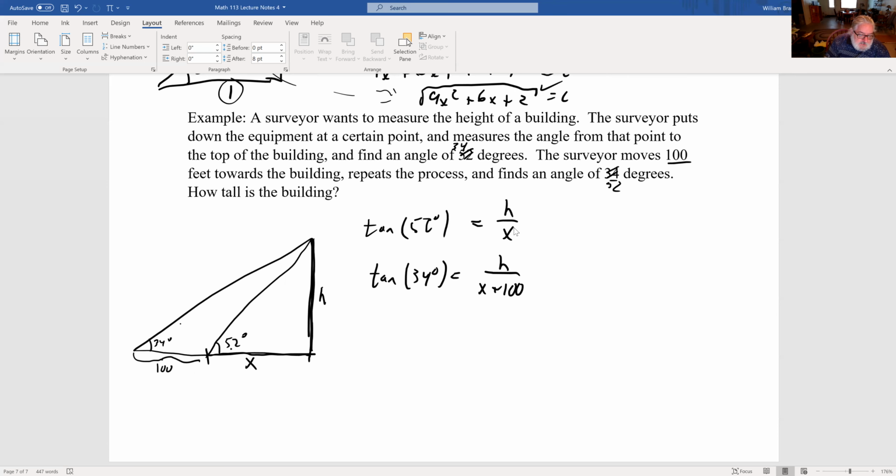So h is the opposite and x plus 100 is the adjacent for 34 degrees. And you can put that into your calculator and find out what numbers they actually are. Tangent of 52 degrees is about 1.28. And tangent of 34 degrees is about 0.675.